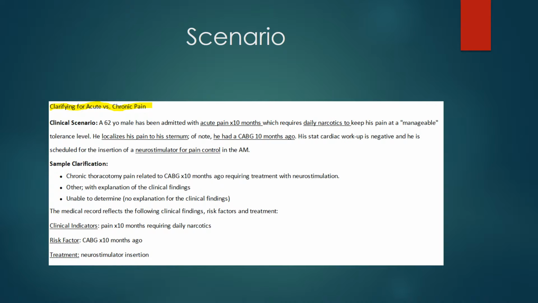For example, like this acute pain he's had for 10 months. He had a CABG 10 months ago. So the question that the CDS is coming up with is, is this chronic thoracotomy pain related to the CABG? It really doesn't seem acute even because he's had it for 10 months.